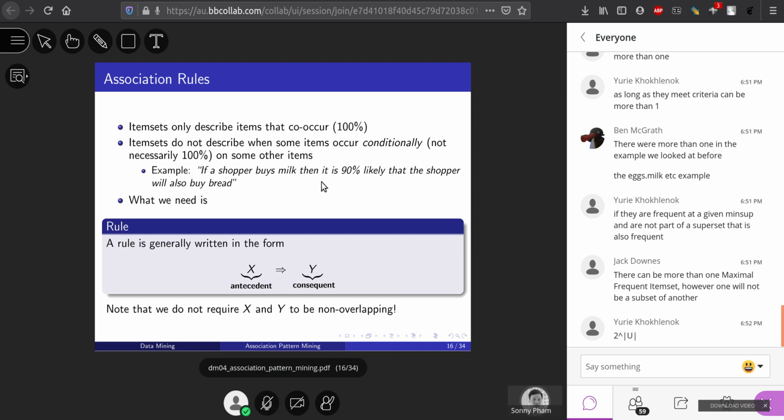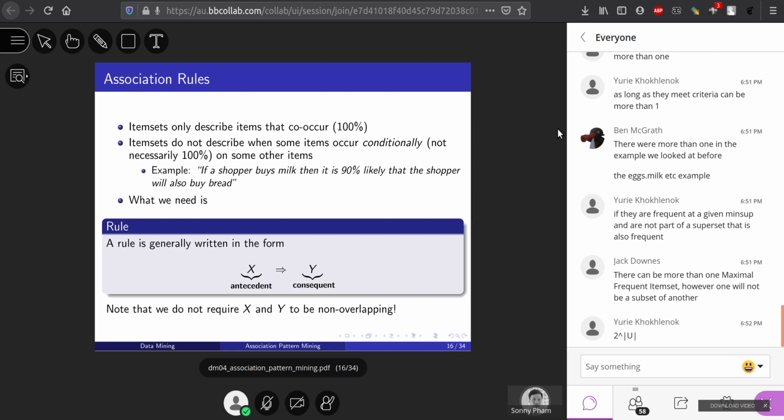But what if we want to have some probabilistic or conditional meaning? Then we need to use some form of a rule, and the rule has 2 parts. The left-hand side is called the antecedent, and the right-hand side is the consequent, right?